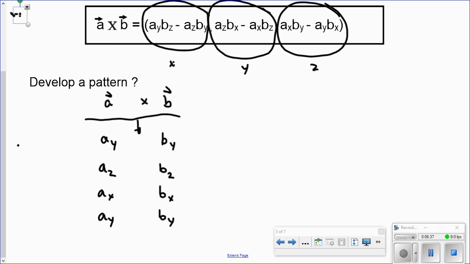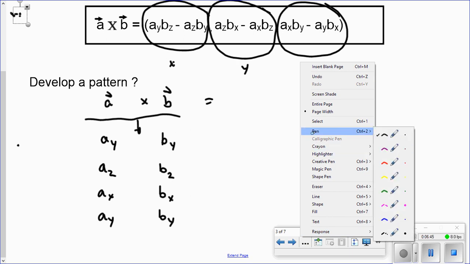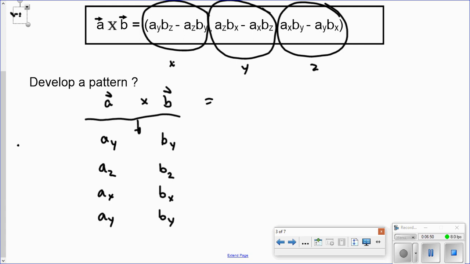Okay, so now my vector cross product is found by taking, okay, with the cross product, I make an X, and I multiply AY times BZ, take away AZ times BY, and that's this thing right up here.